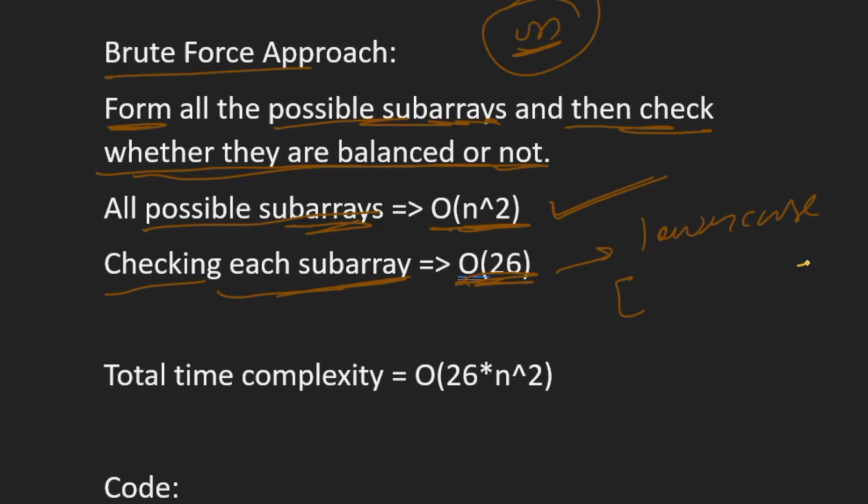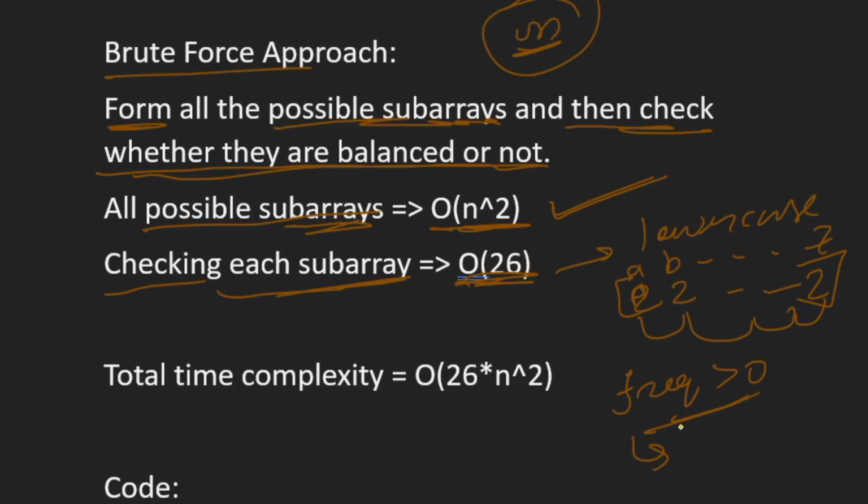So what we'll do is maintain a vector a to z, and then store the count of these characters in the subarray. Suppose a appears two times, b appears two times, and z appears two times. We'll check whether all the characters whose frequency is greater than 0 have equal frequency or not.